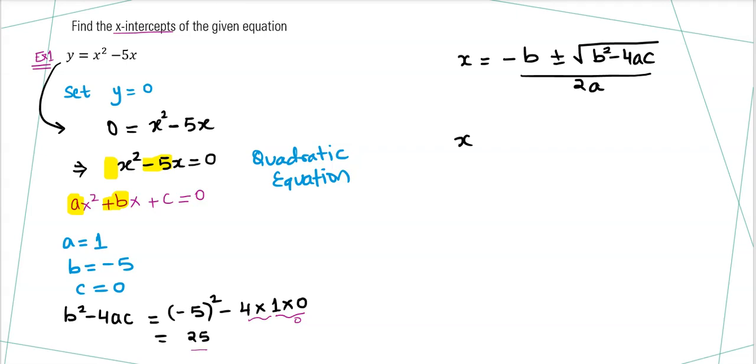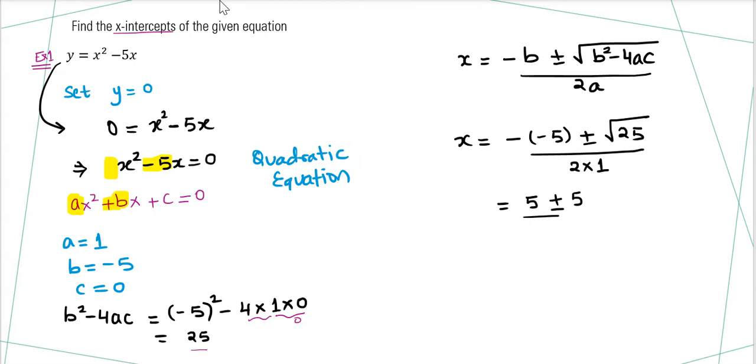Substituting the values here, we get x equals minus b, and b is minus 5, plus or minus the square root of b squared minus 4ac, which is 25, over 2a. A is 1. So minus and minus 5 become plus 5, plus or minus the square root of 25, which is 5, over 2.